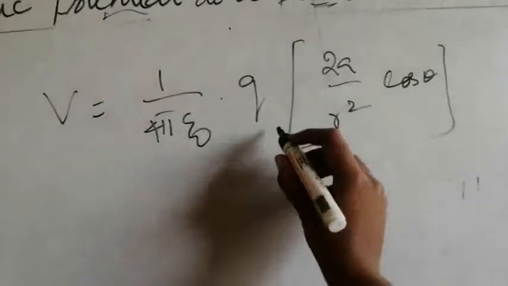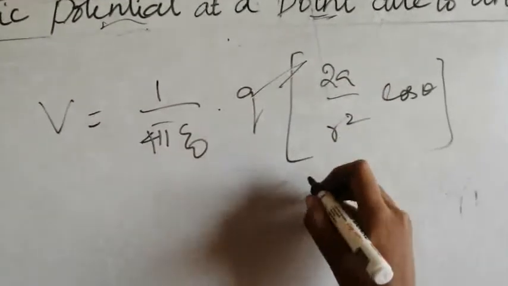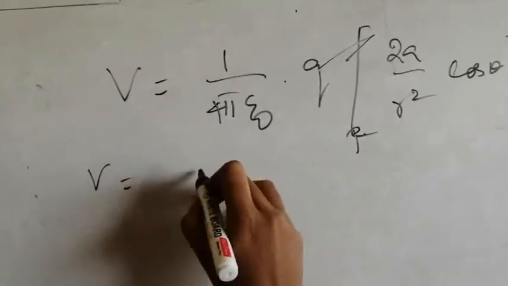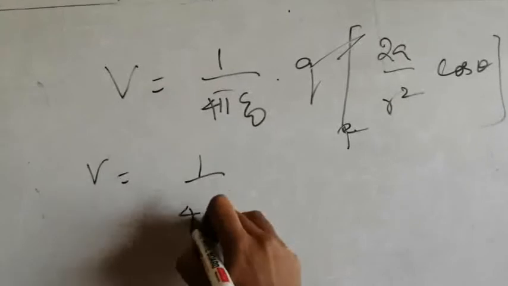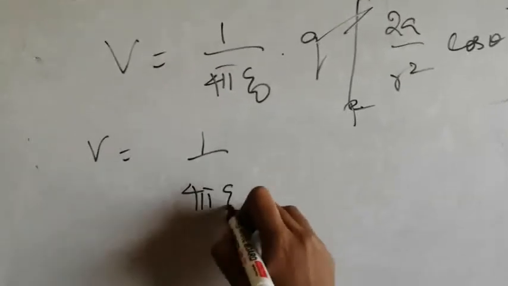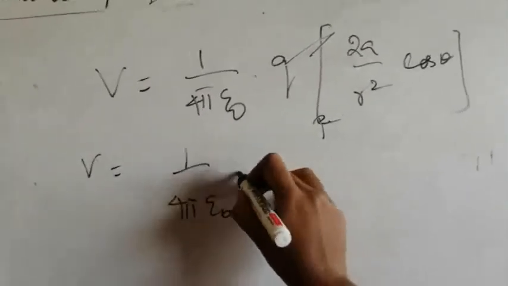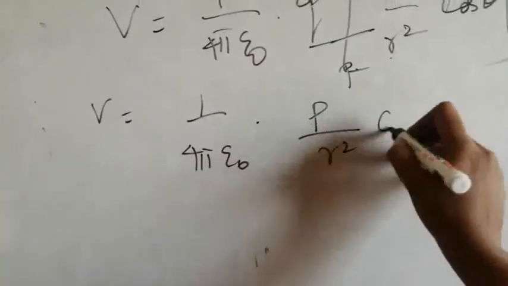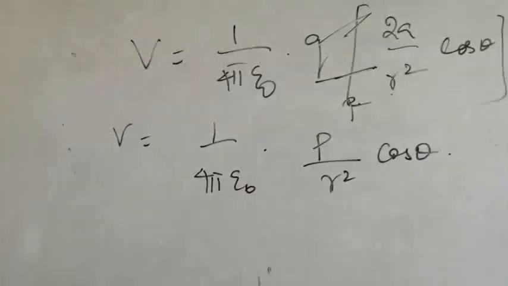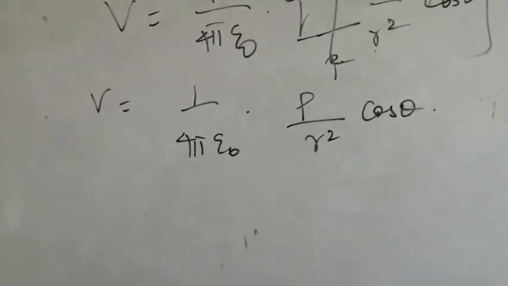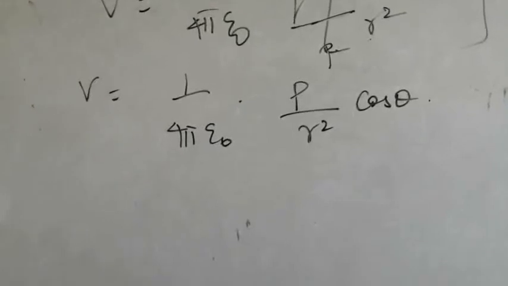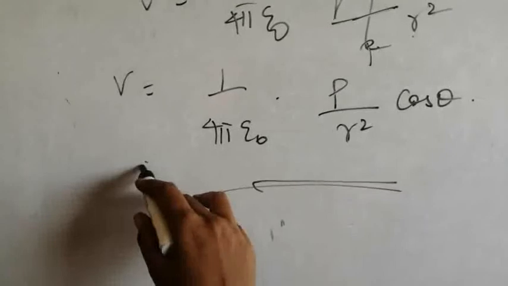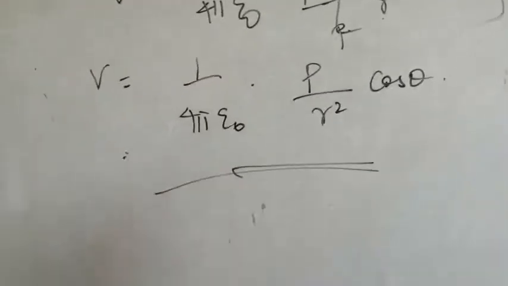So instead of this 2aQ, I am going to write it as P. So V is equal to 1 by 4 pi epsilon naught into P by r square cos theta.